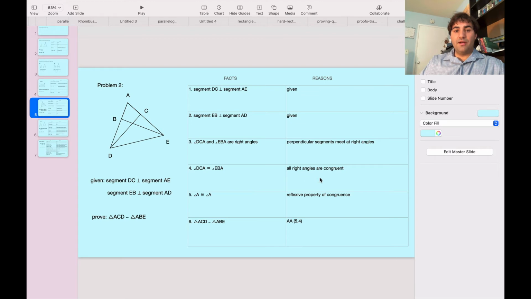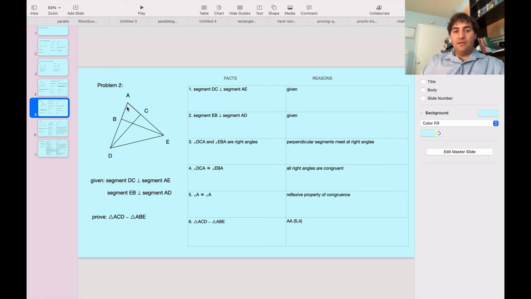And we also know that all right angles are congruent. So in other words, angle DCA is congruent to angle EBA. Now I can apply the reflexive property of congruence. Angle A is congruent to angle A. And then we have all we need. We have the two angles for the triangle.